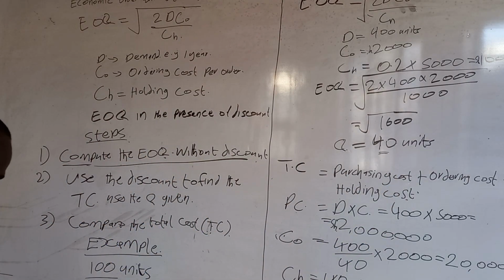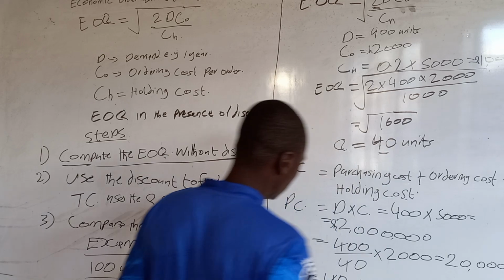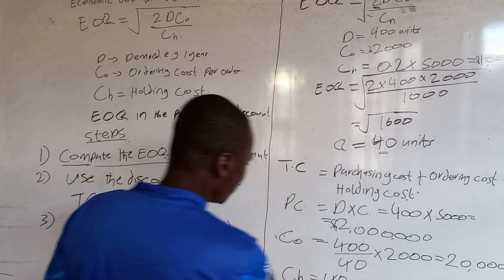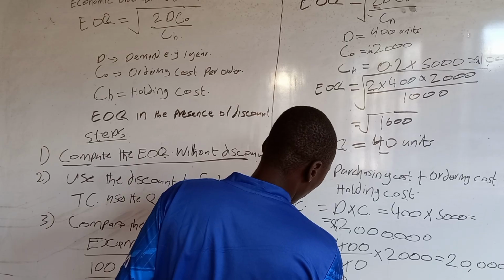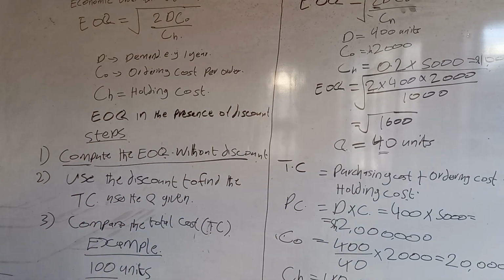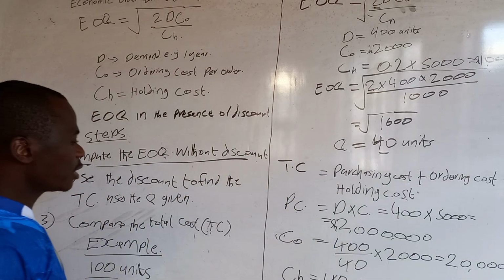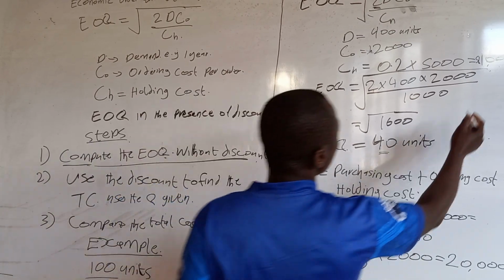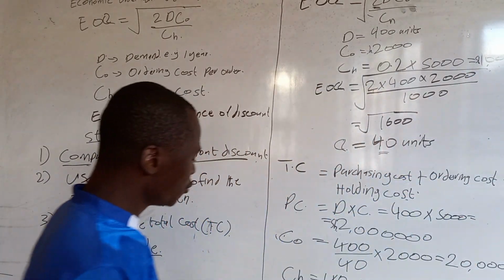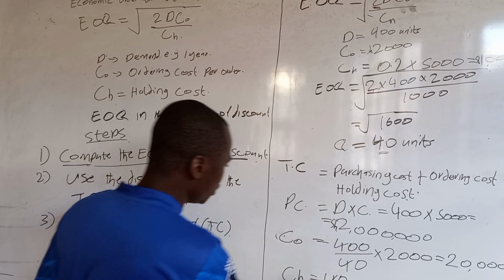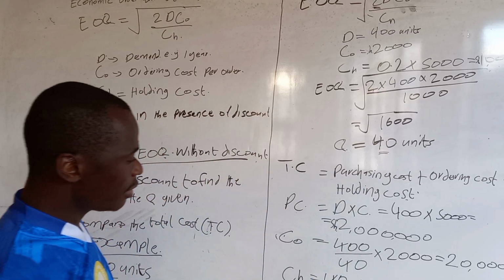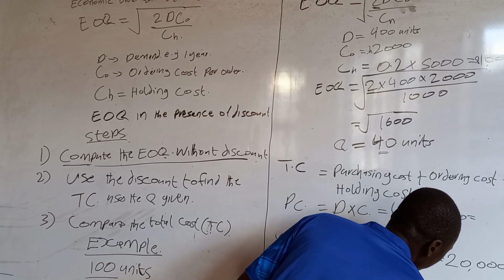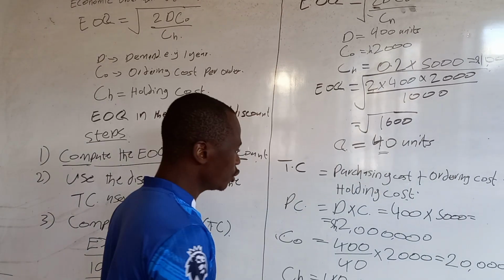So 40 over 2 gives us the average, 20, and then we multiply it by 1,000. That is 20 multiplied by 1,000, that is 20,000 shillings.